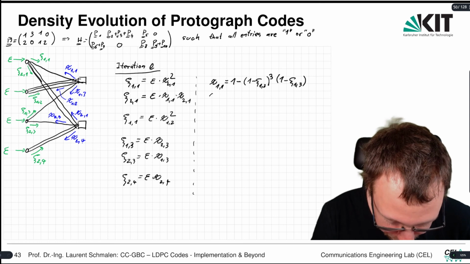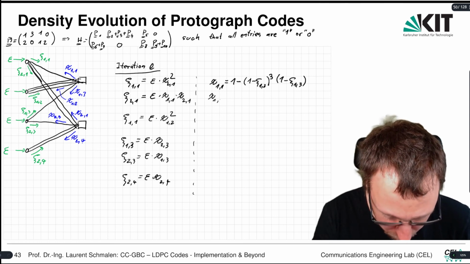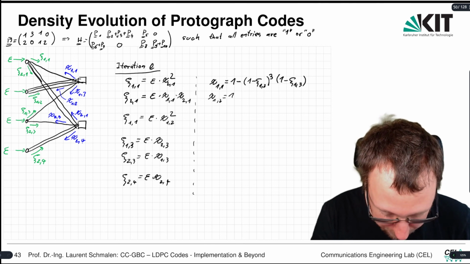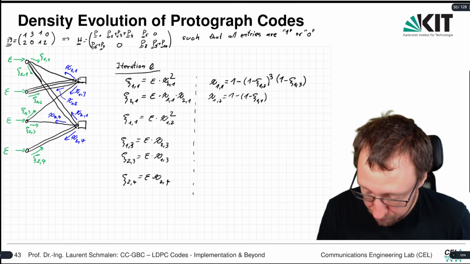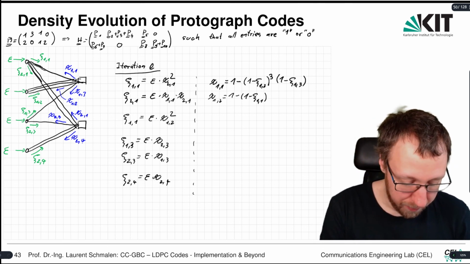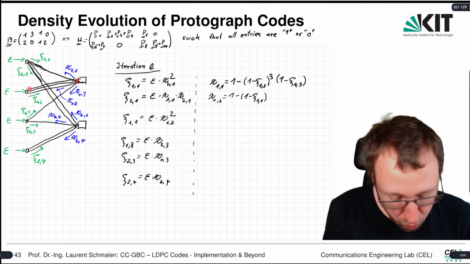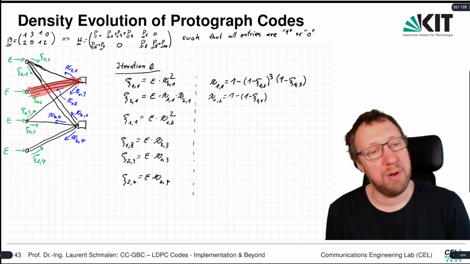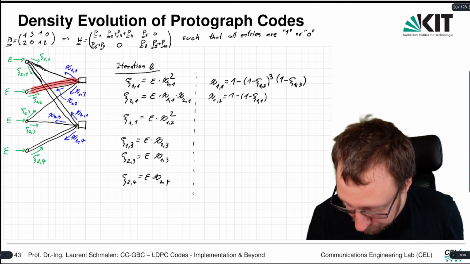Then we have chi12. We have 1 minus C11. We have one message coming from the first variable node. Now we have two messages coming from the second variable node, because we need to compute one outgoing message, so we cover one.